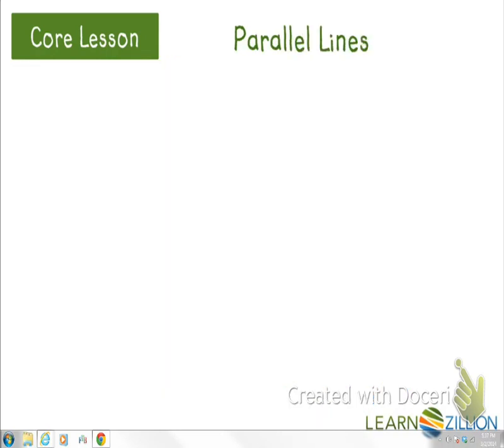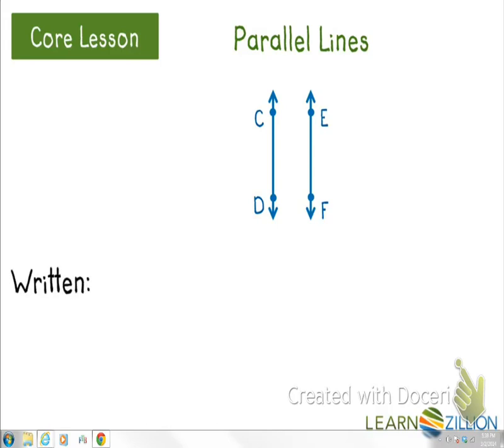Let's look at parallel lines. Now these two lines never intersect, which means never to cross. So we have our two lines and our letter names. Now there are a few ways to name these parallel lines. We can write that line CD is parallel to line EF.